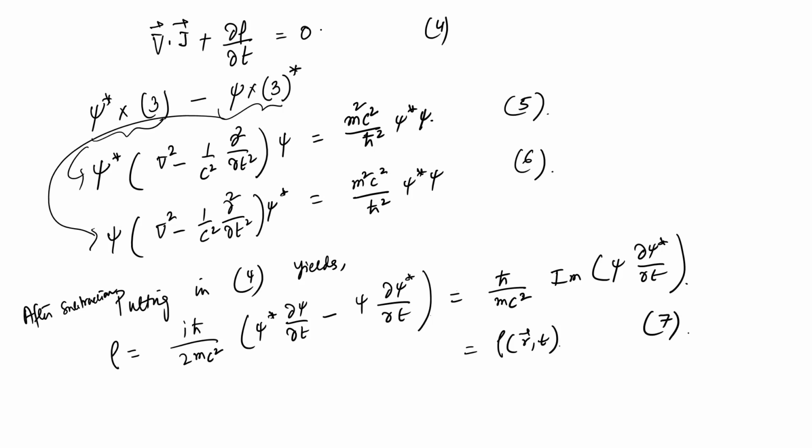And this is the probability density, and the probability current density j, again a function of r and t, can be written as minus i h cross by 2 m times psi star del psi minus psi del psi star. That is the same definition that we have seen for the non-relativistic case, and let us call this equation 8.